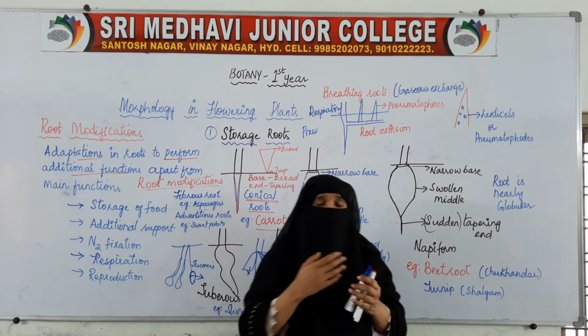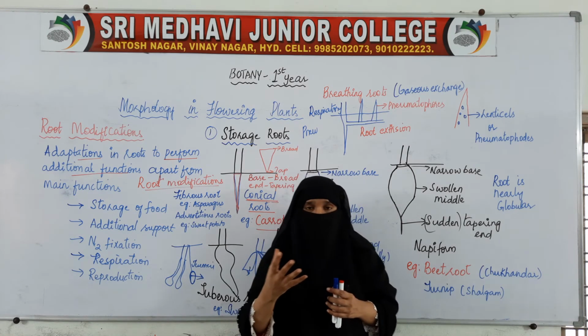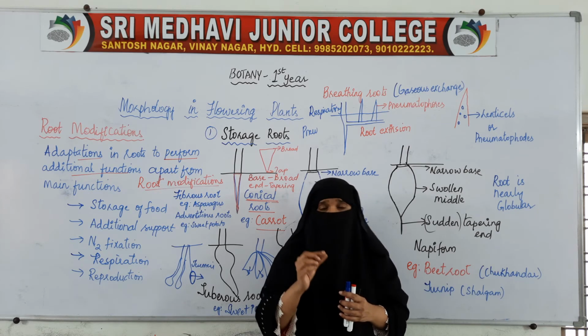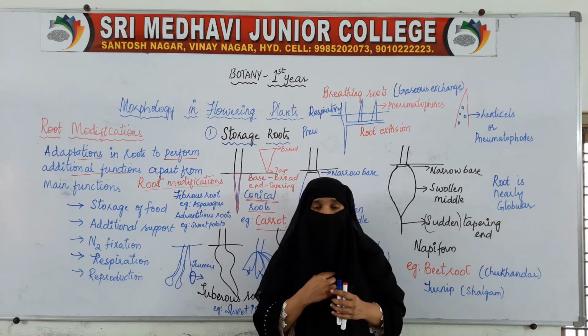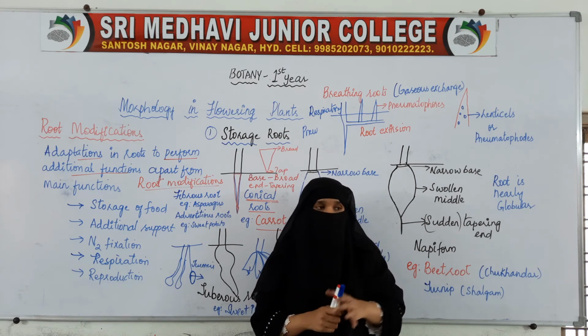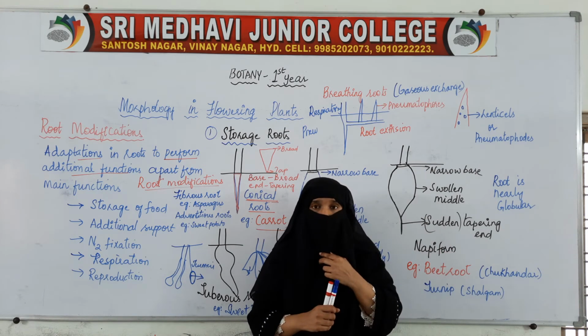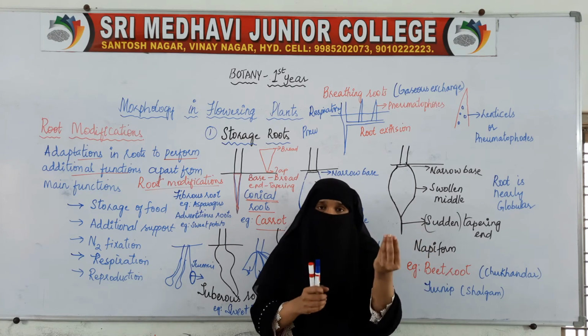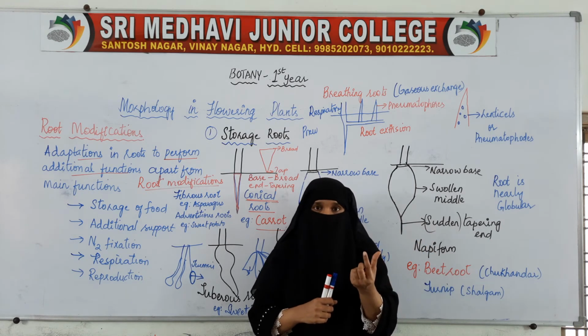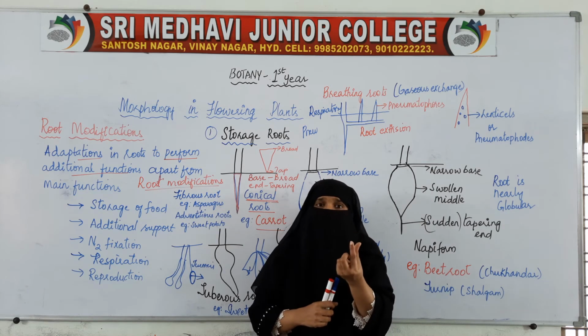Normally, in some places inside the soil, in between the soil particles, a gap or space will be present. So air will enter inside that space. In normal conditions on land, in between the particles of the soil, there will be space.